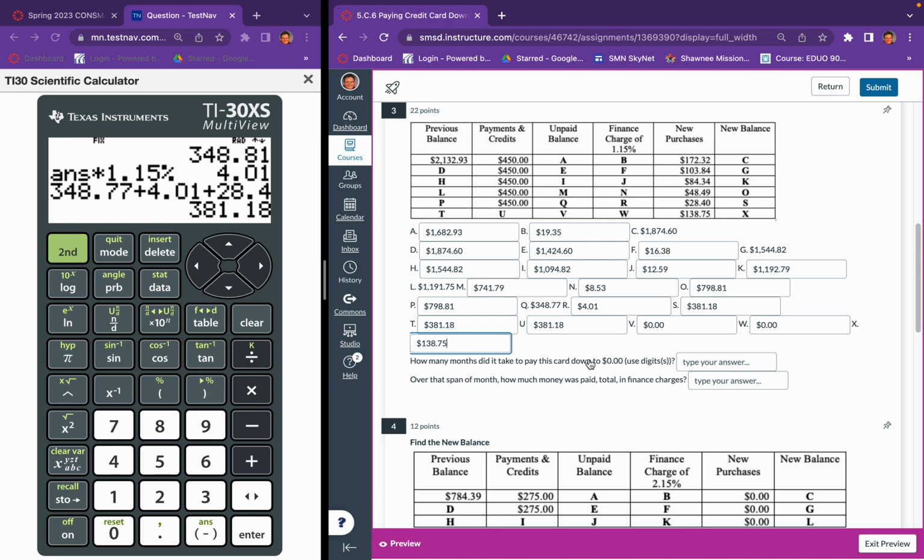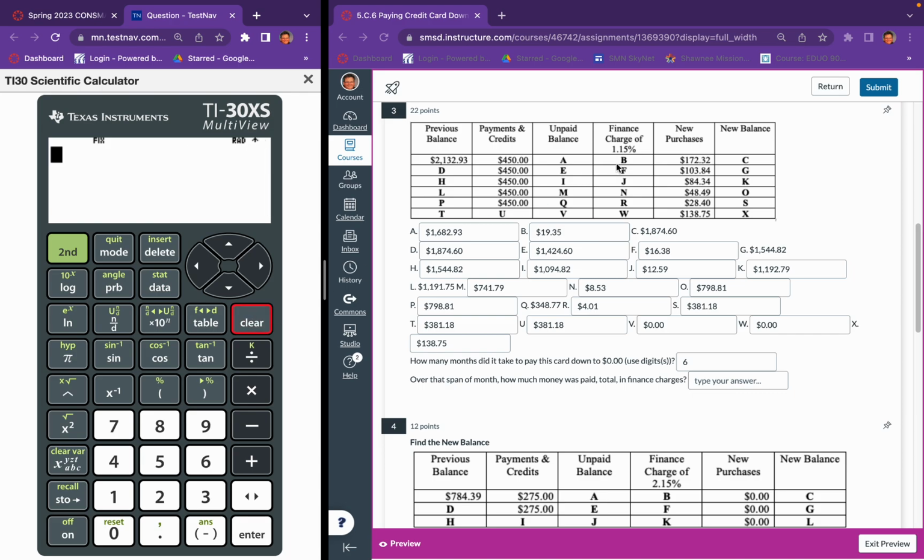How many months did it take to pay the card down? We made 1, 2, 3, 4, 5, 6 payments. And over that span, how much money was paid in total in finance charges? Well, these are the finance charges. B was $19.35.